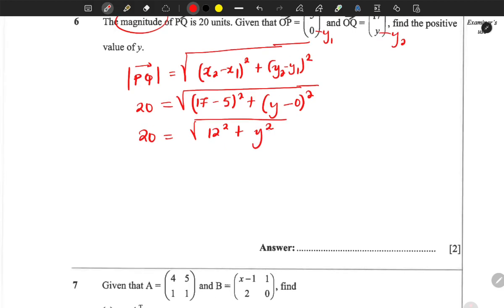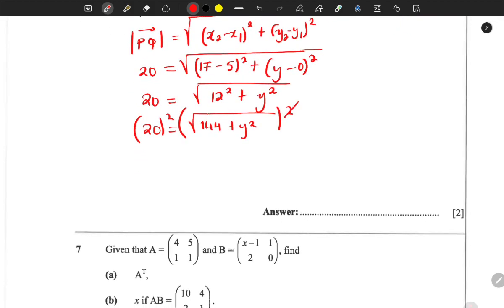Now remember that we need y. 12 squared is 144, plus y squared. Squaring both sides helps us eliminate the square root. 20 squared is 400, equal to 144 plus y squared.